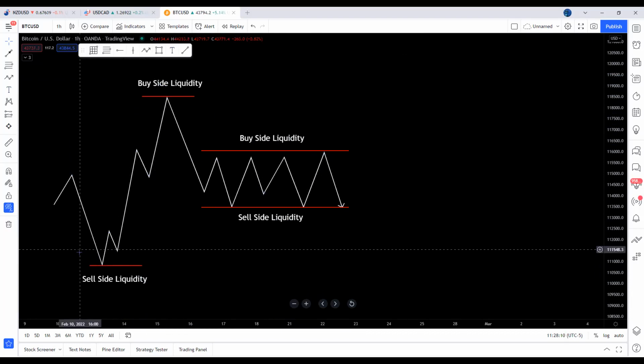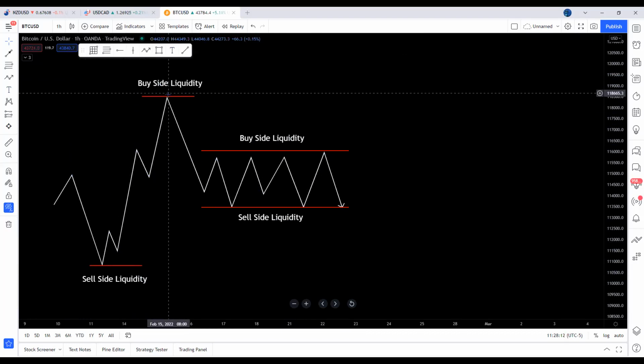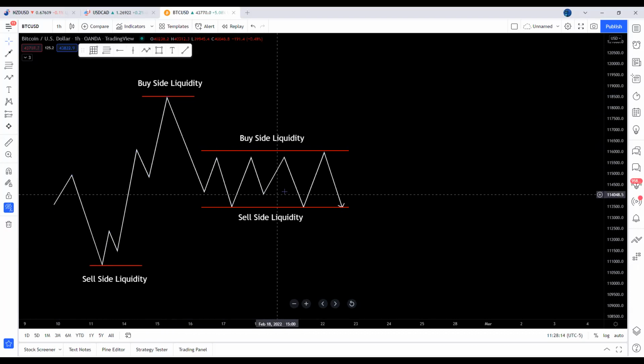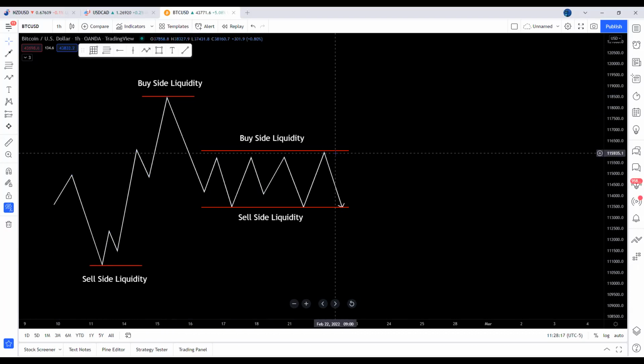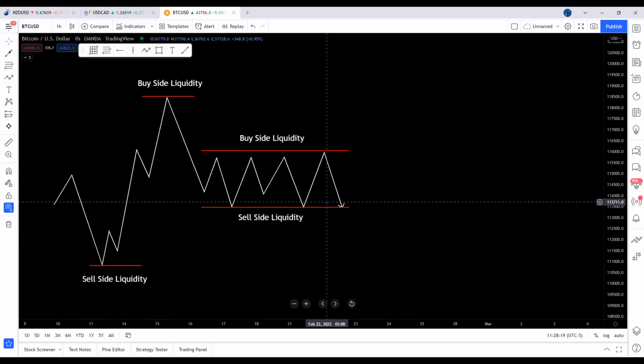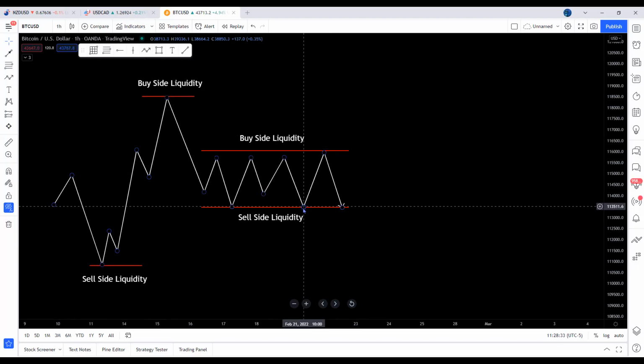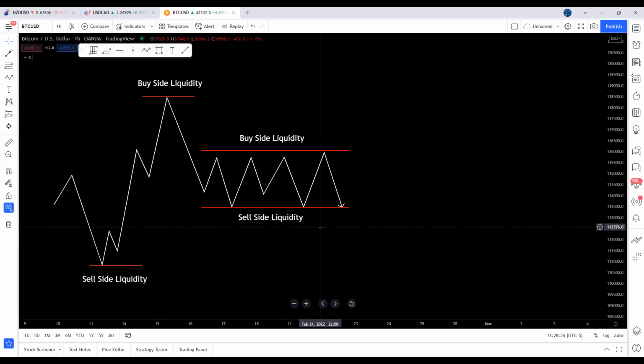But when price creates a major high or a major low or starts into consolidation, at the top and the bottom, there's always going to be buy side and sell side liquidity. Now, whether buy side and sell side liquidity are both taken, that usually depends. But in this case, the seek and destroy profile actually relies on taking both of these sides of liquidity, which is the majority of the time what ends up happening.